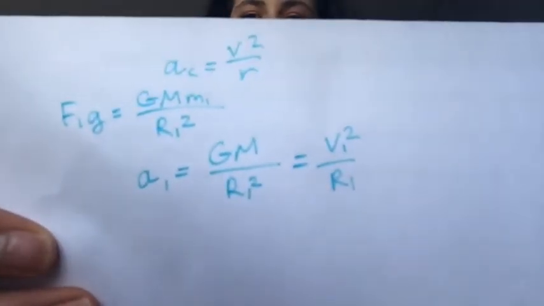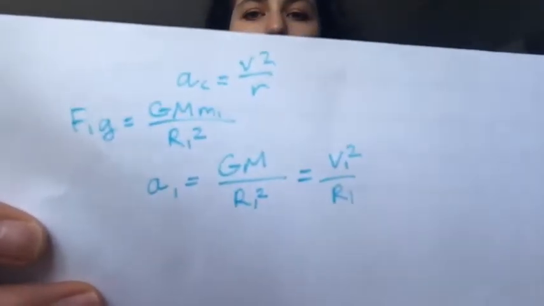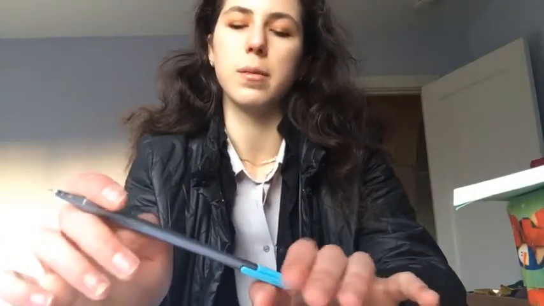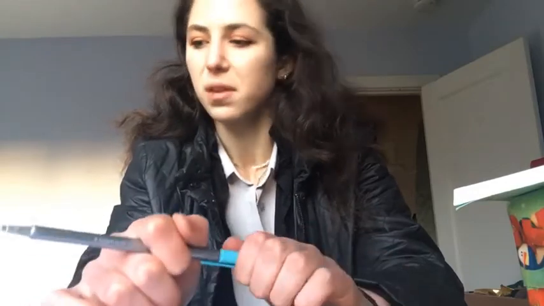And then we can keep going and say that v1 squared over r1 is the acceleration of this object. So we have this ratio. That's the centripetal acceleration of this object in relation to the other constants of this problem.